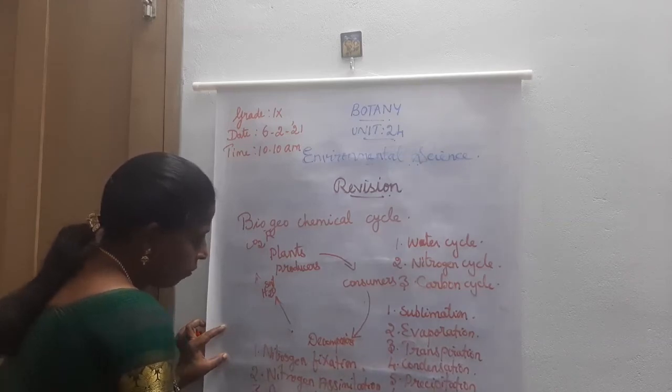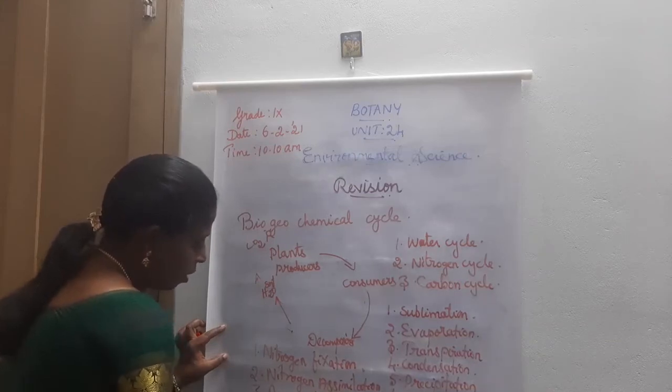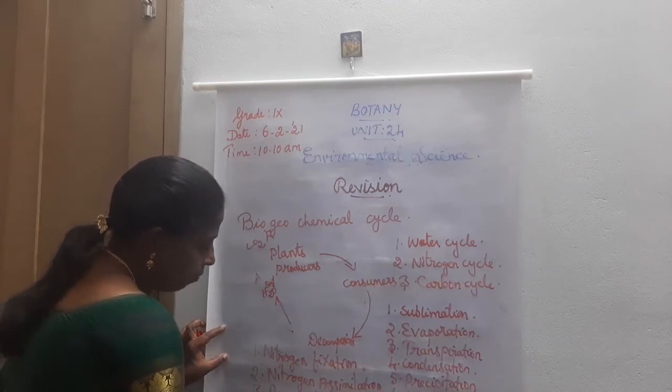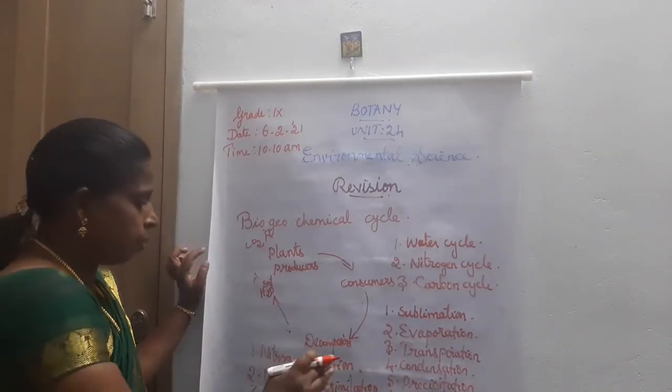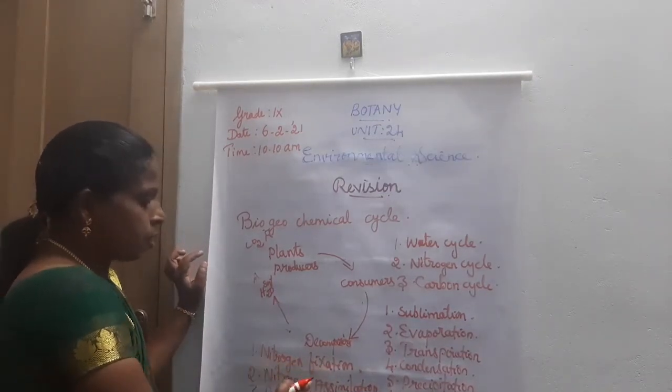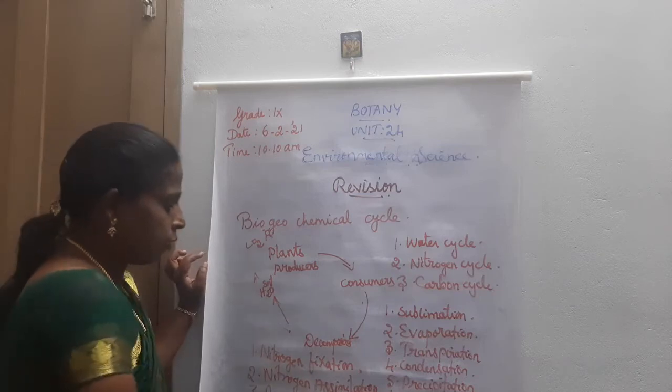Fourth one is nitrification. Fifth one is denitrification. By these processes the nitrogen can be absorbed by the plant. First process is nitrogen fixation, then nitrogen assimilation, ammonification, nitrification, denitrification.